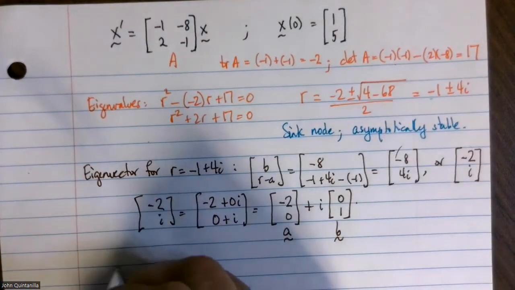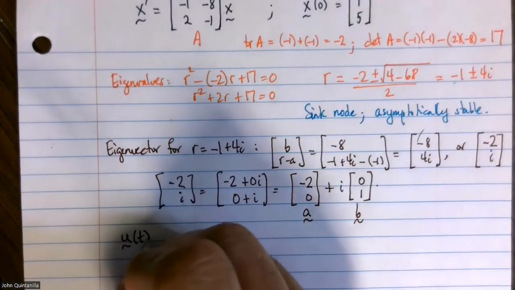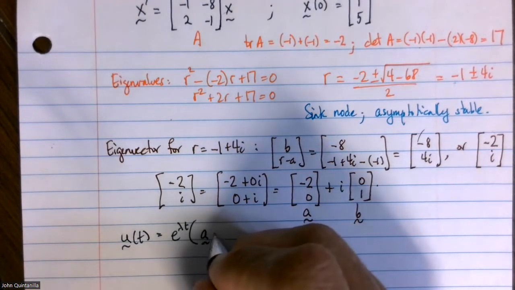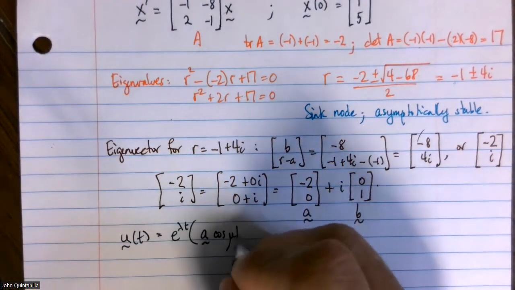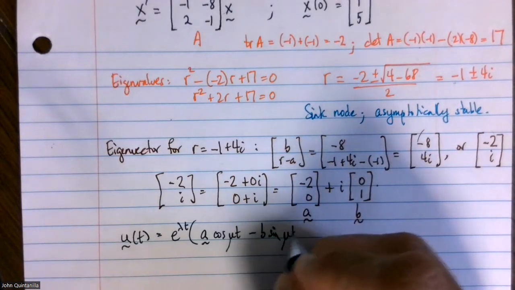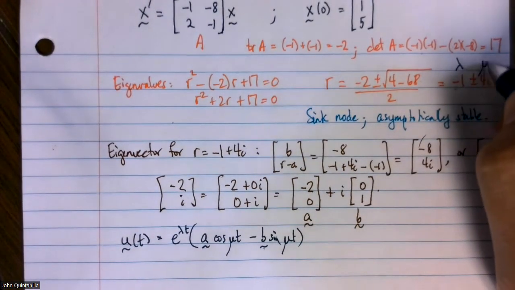And so from this, I have the two solutions. The first solution is going to be that u of t is equal to e to the lambda t times A, the vector A, cosine of mu t, minus b times the sine of mu t. And in this formula, there's my lambda and there's my mu.